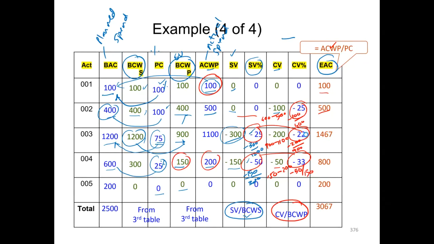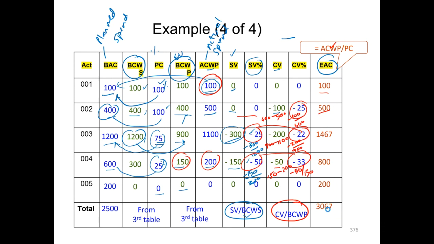Now let's see how 1467 is calculated. We can see the actual cost of work performed for activity 3 is 1100, divided by 75% completion, which gives us an answer of 1467. So we calculate the estimated cost at completion using this method, giving us a final cost of 3067.